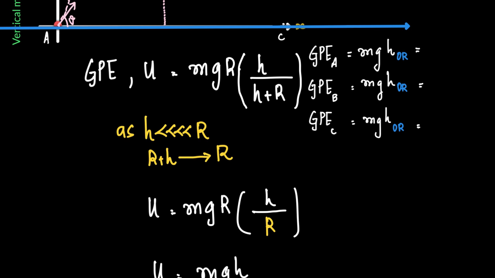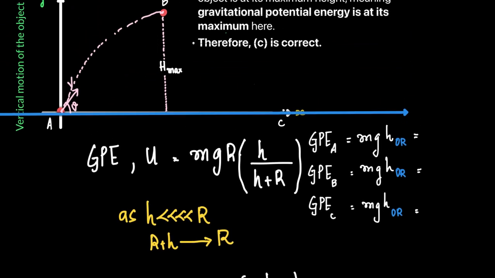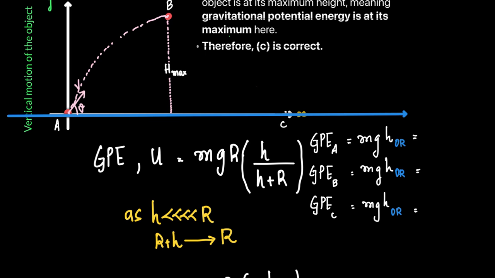See, by the theory that we learned in gravitation, what is gravitational potential energy? U is equal to mgr into h by h plus r. But since this projectile motion takes place very close to the surface of Earth, I would like to repeat that point.